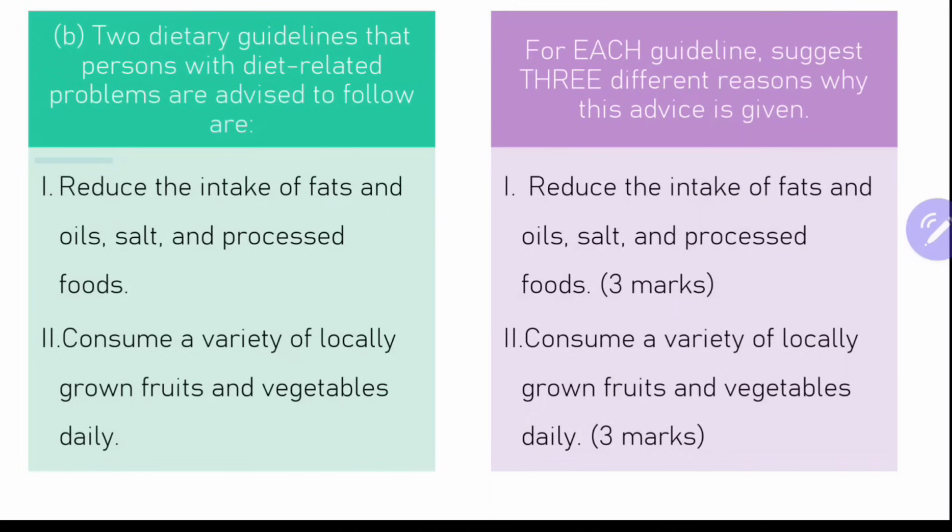Now, your task is for each guideline, you're supposed to suggest 3 different reasons why this advice is given. So as you can see, you're pulling from your knowledge, right? So you know what these 2 dietary guidelines are. Now you're supposed to suggest why this advice is given.